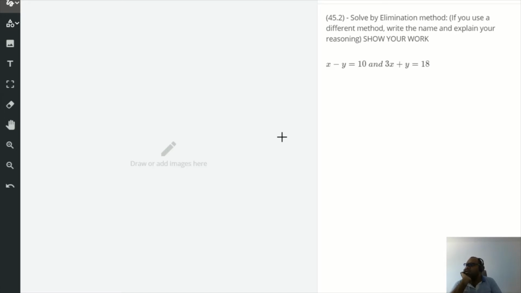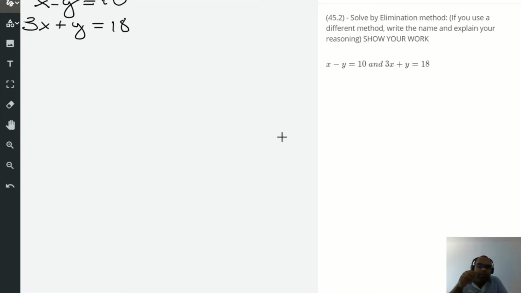Guys, here, the first equation is x minus y equals 10. And the second one is 3x plus y equals 18. Remember the steps.